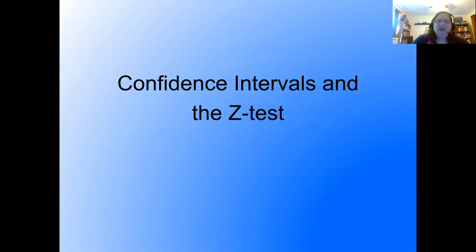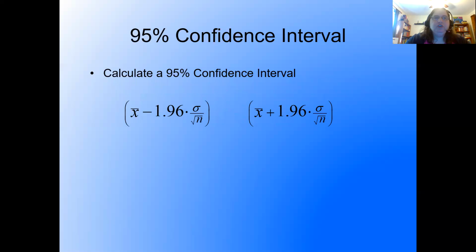All right. So having said that, let's return to our calculation for a 95% confidence interval. Here it is again, and I just want to go through it one more time, and then we're going to actually work through an example from start to finish with the confidence interval and some other pieces. Okay. So how do we calculate this?